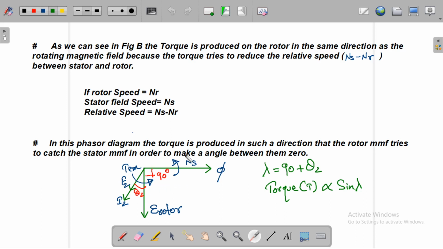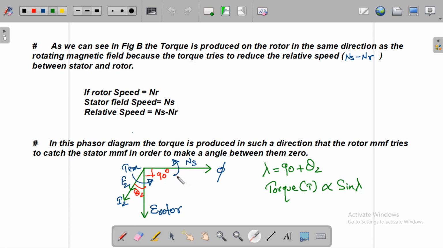So in this phasor diagram, the torque is produced in such a direction that the rotor MMF tries to catch the stator MMF in order to make the angle between them 0. The rotor EMF lags behind the stator flux by an angle of 90 degrees, and due to the air gap, the rotor current lags behind the rotor induced EMF by some angle theta 2.